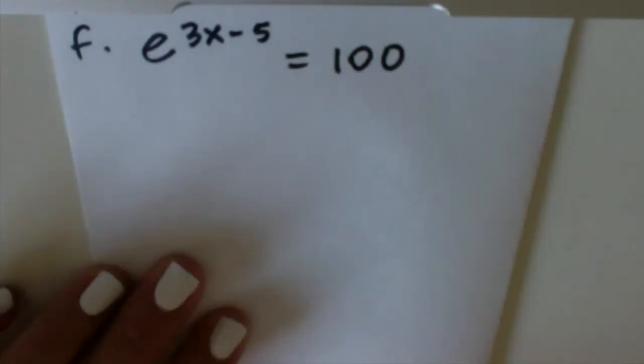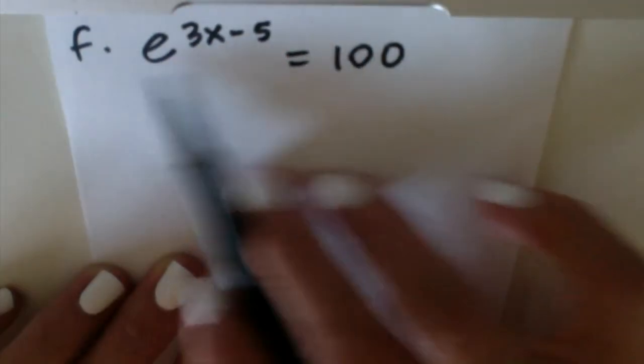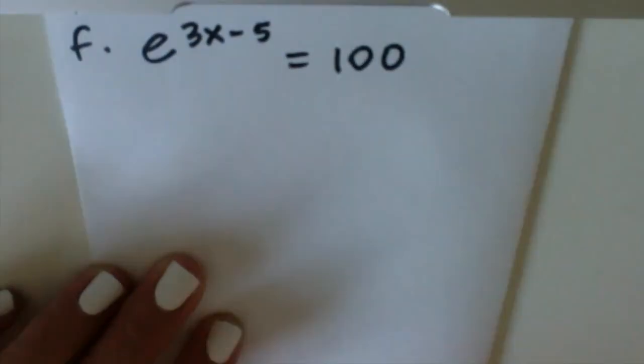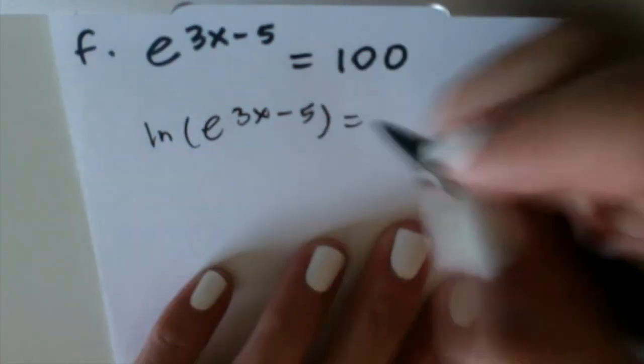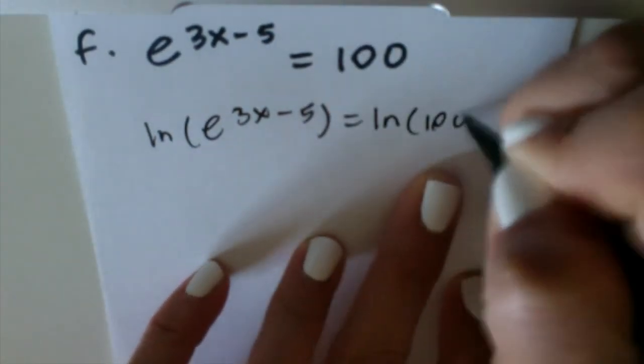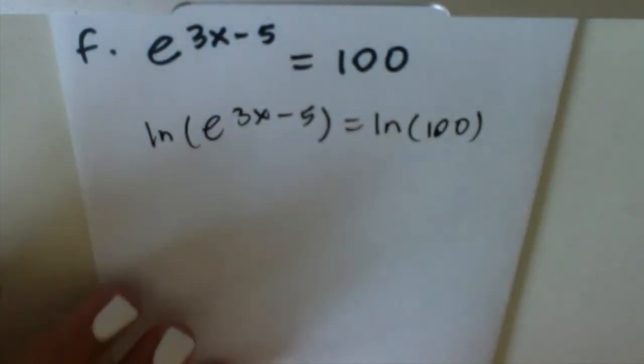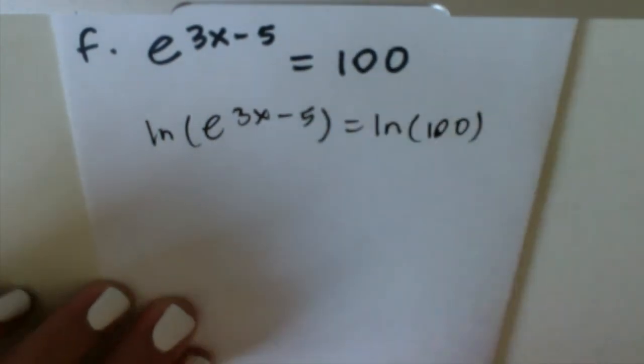Our last example is e to the 3x minus 5 equals 100. So there's nothing out in front or behind the e, so we'll just take the natural log of both sides. You're going to bring the entire power to the front.